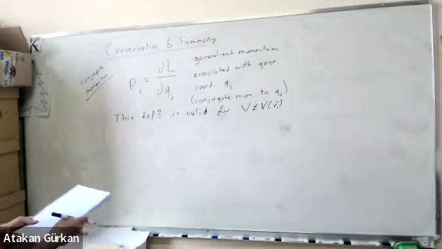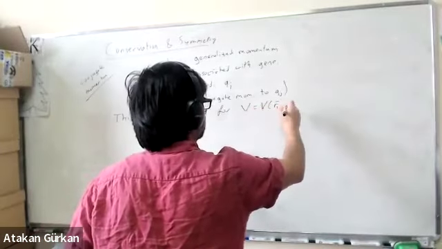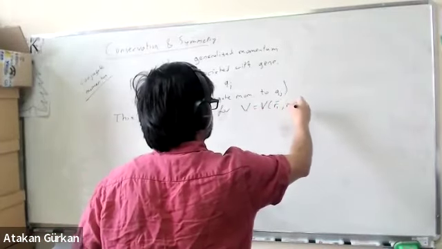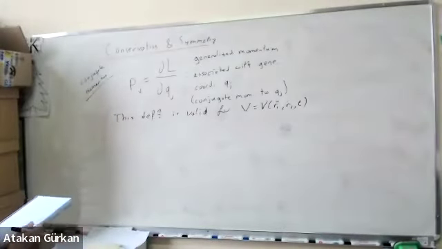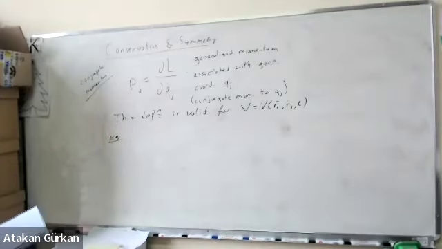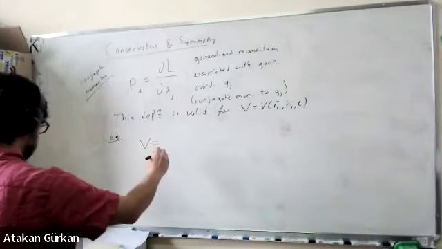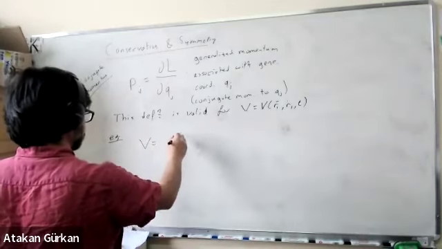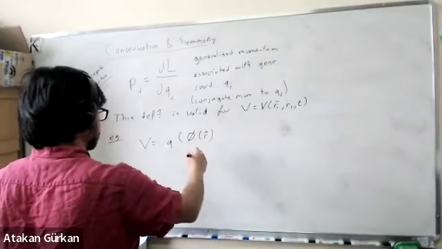So for example, maybe r_i dot and t. So it's just a general definition example. That will be from electricity and magnetism. The potential there is a little bit weird. Or the potential energy, I'm sorry.